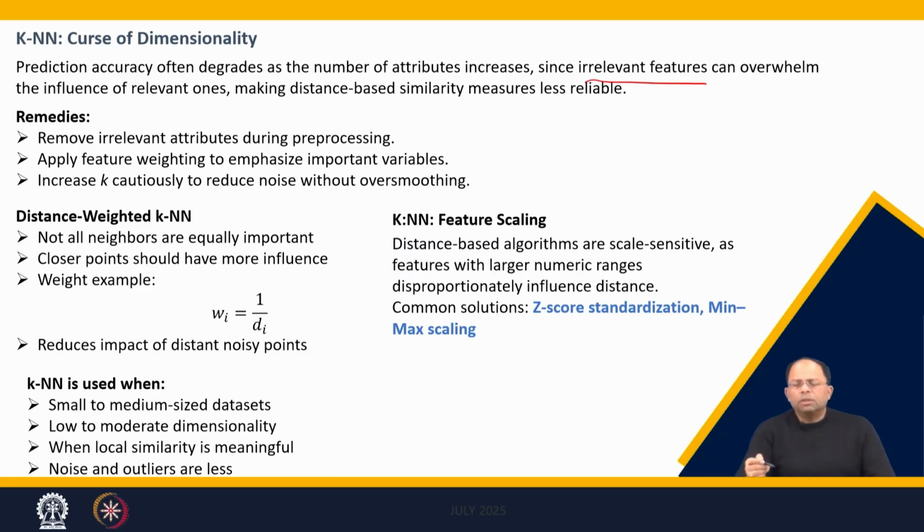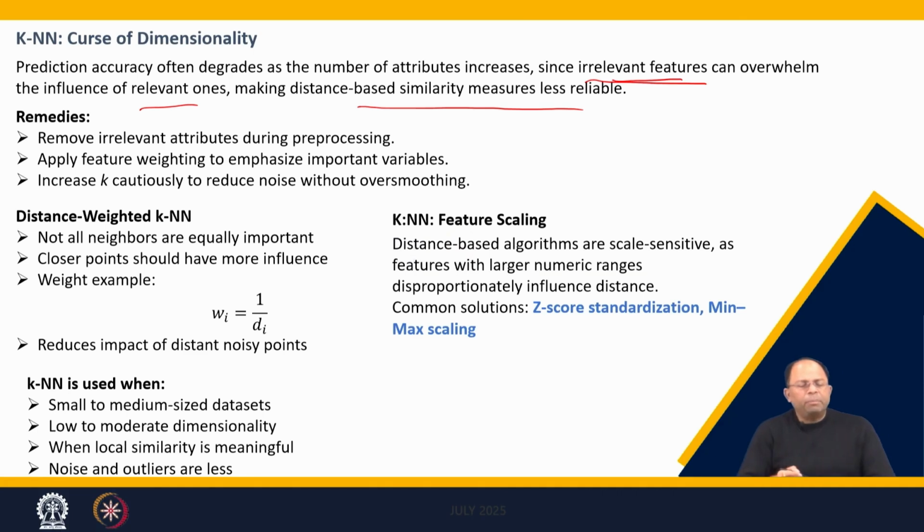So in this case, sometimes we are increasing the number of features that are there. Sometimes irrelevant features get selected in the selection process, and they can overwhelm the influence of the relevant features, making distance-based similarity measures less reliable, right?